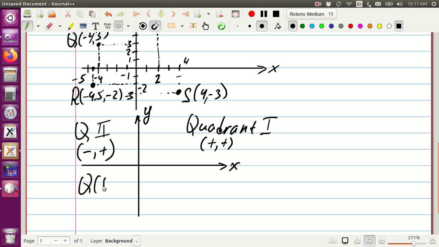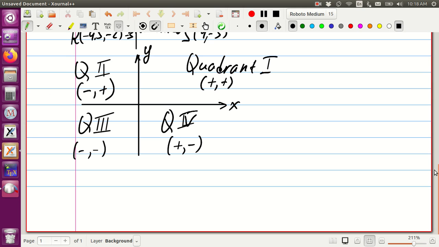For quadrant 3, we have minus and minus for both X and Y. And for the last quadrant 4, we have plus for the X and minus for the Y. So this is a quick introduction to the Cartesian plane, coordinate plane.